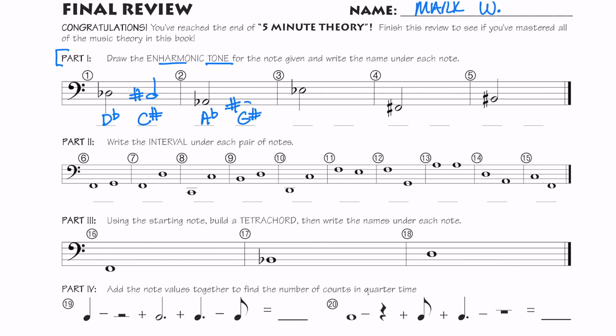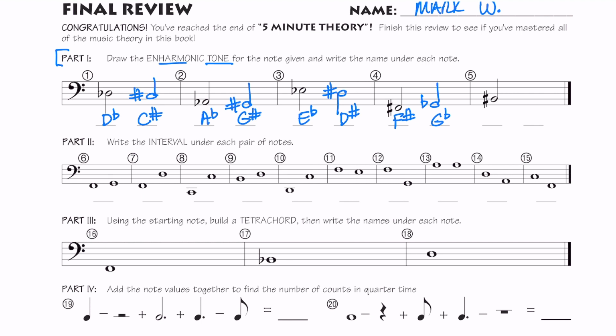That's not always the case because of the naturals that don't have an accidental in between. This is an E flat, so my next letter down is a D sharp. Now it works opposite for the sharps. An F sharp, my next letter name up is a G flat. So F sharp and G flat are enharmonic tones.